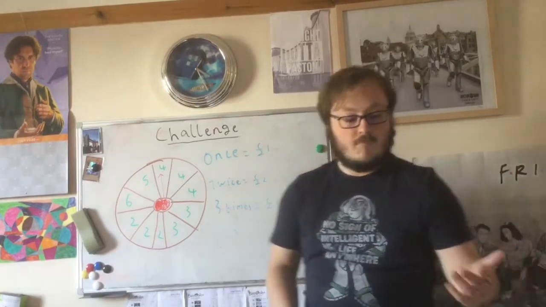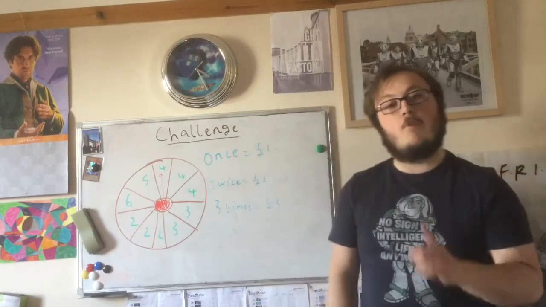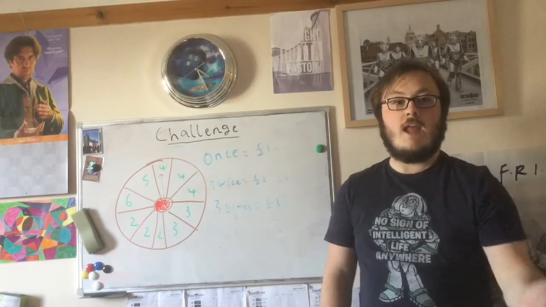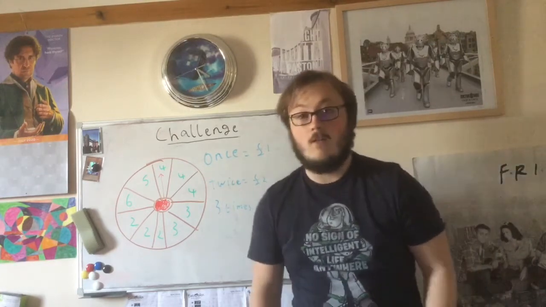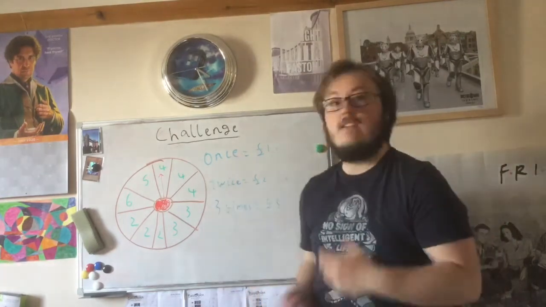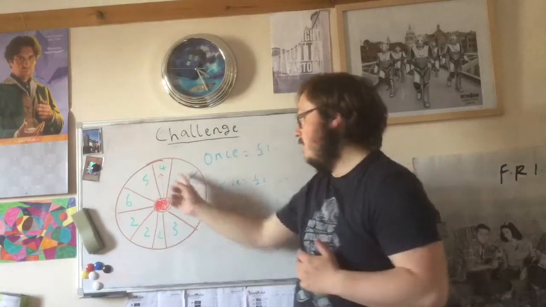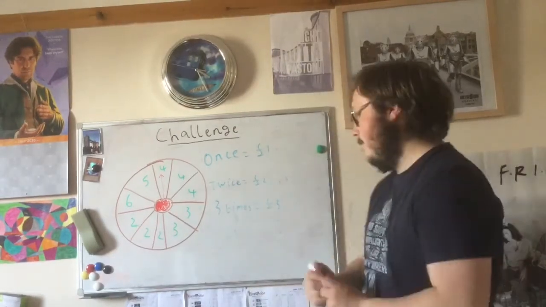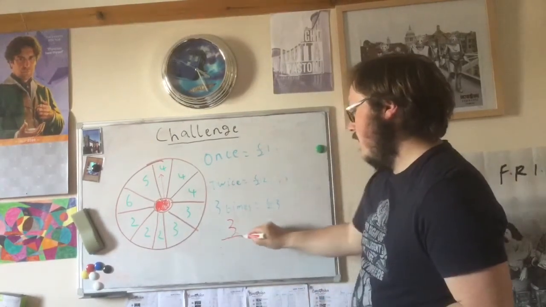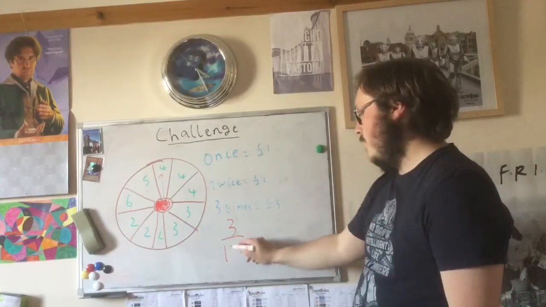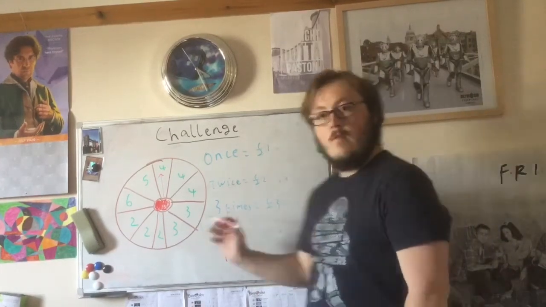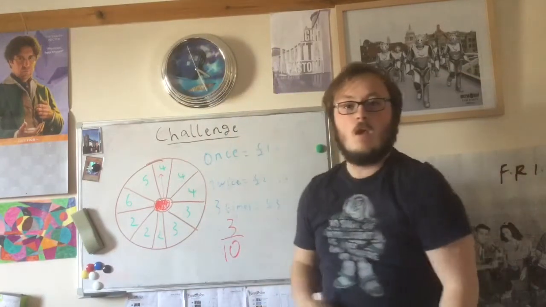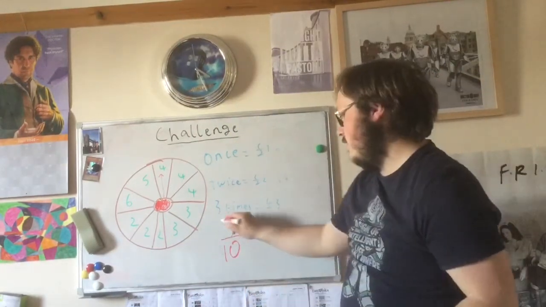What we have to do first is work out the probability that we are going to win once. How many outcomes will lead to us winning? There are 3 4s up there, and there's 10 in total. So out of the 10 outcomes, 3 of them will lead to a win. But we are going to be doing this 3 times.